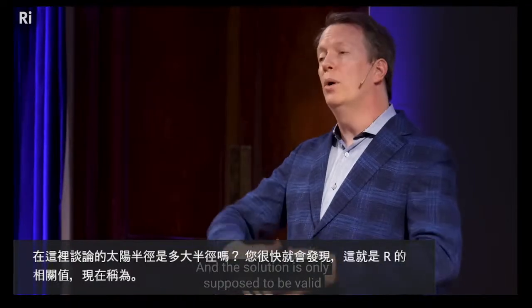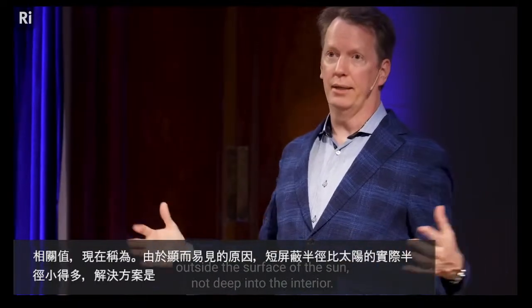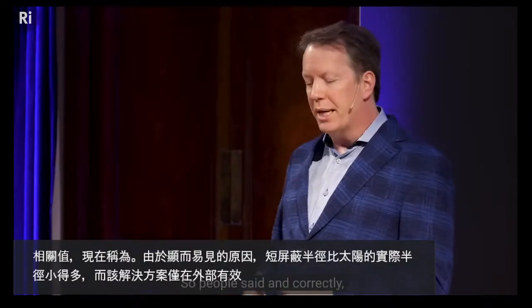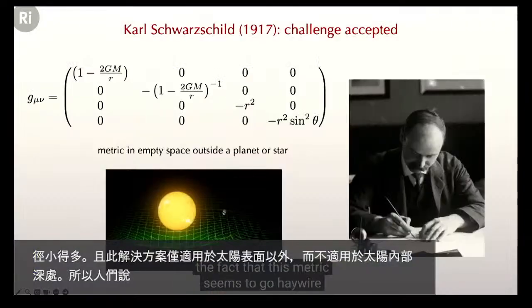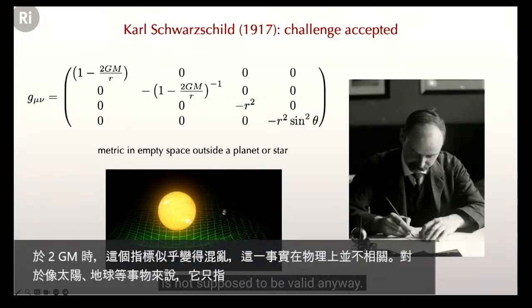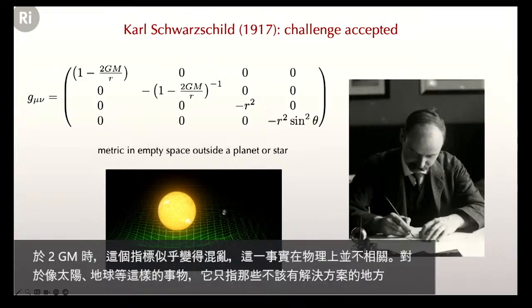And this solution is only supposed to be valid outside the surface of the sun, not deep into the interior. So people said, and correctly, the fact that this metric seems to go haywire when r equals 2gm is not physically relevant for things like the sun, the earth, etc. It only refers to places where the solution is not supposed to be valid anyway.